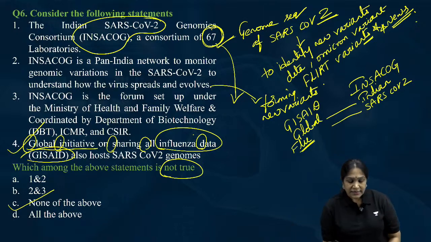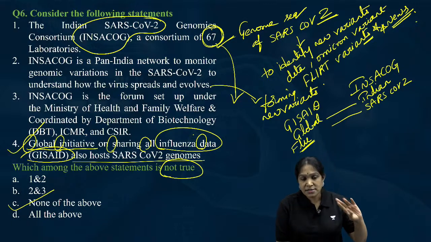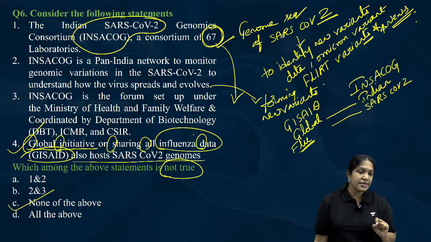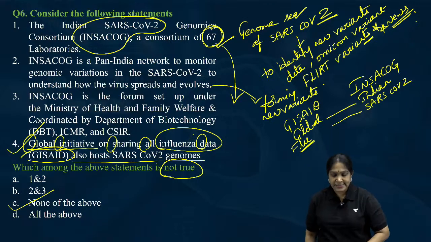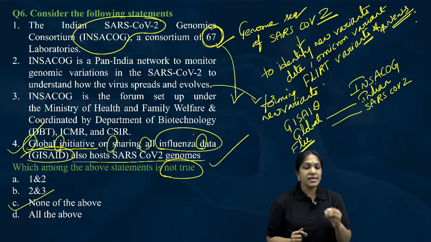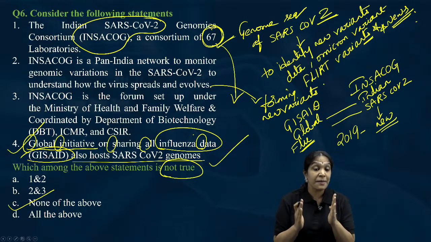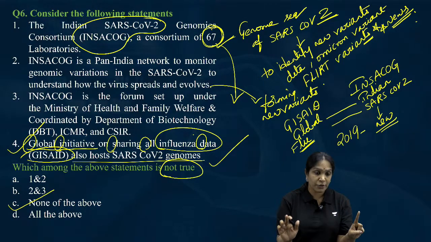But this is also hosting the SARS-CoV-2 genomes. Is the statement correct? GISAID is related to flu virus. So, is this also studying the SARS-CoV-2 genomes? Yes. Seems to be wrong, but correct. Why? See, in the year 2019, when this SARS-CoV-2 was very new, we did not have a separate establishment for SARS-CoV-2.